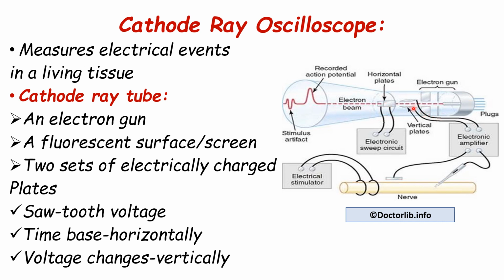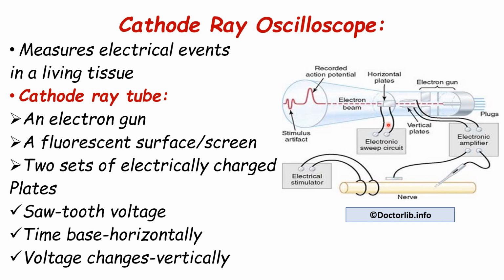The vertical plates are connected to the electronic amplifier, which is connected to the indifferent electrode and the silver electrode or micropipette. It amplifies the current being recorded, and then we have an electrical stimulator by which we stimulate the nerve.